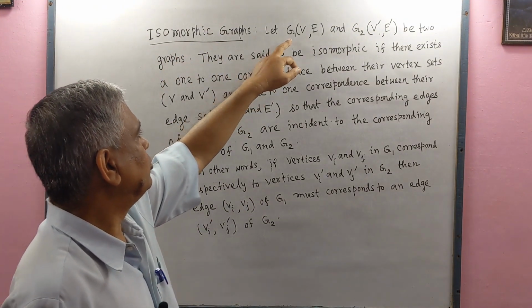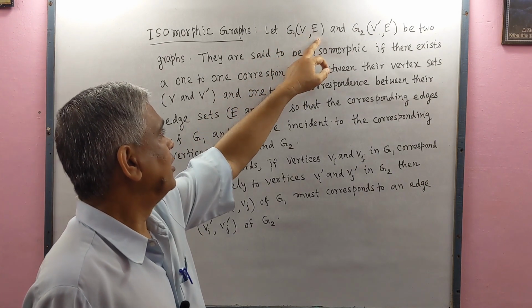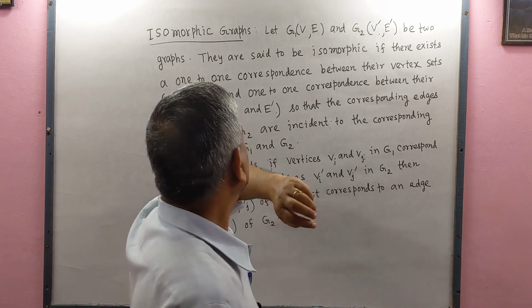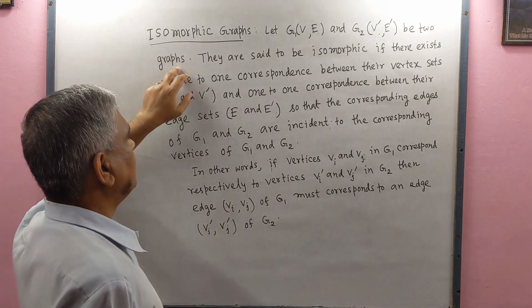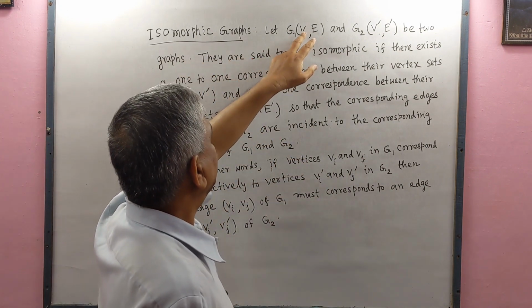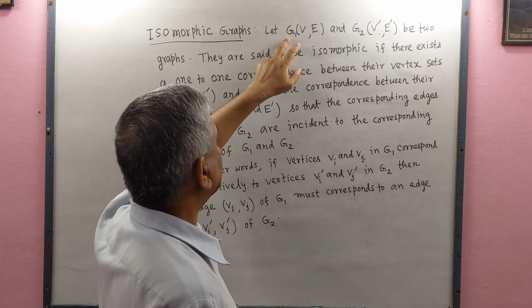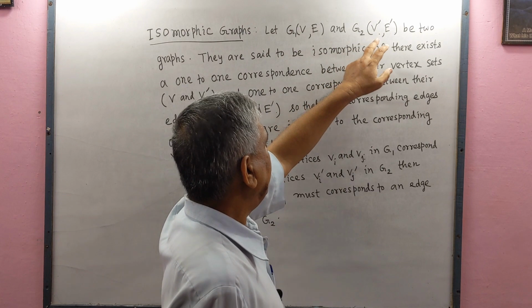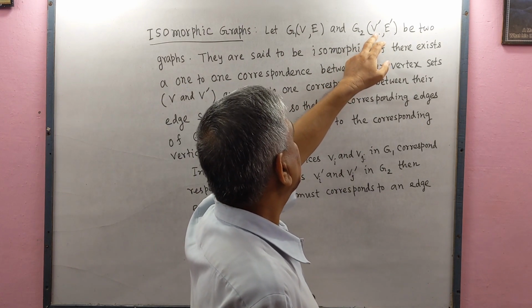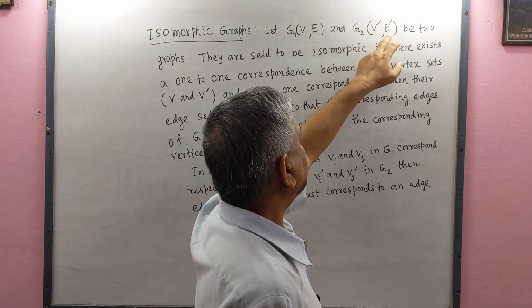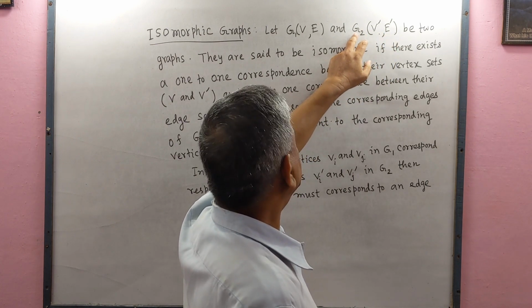Let G1(V, E) and G2(V', E') be two graphs such that V is the vertex set of G1 and E is the edge set of G1, and V' is the vertex set of G2 and E' is the edge set of G2.